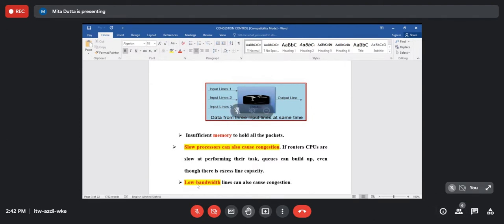In this figure, the router is receiving packets through three input lines, and we have a single output line. That means all of the packets coming through input lines 1, 2, and 3 pass through the router, and all of them are sent through the same line.